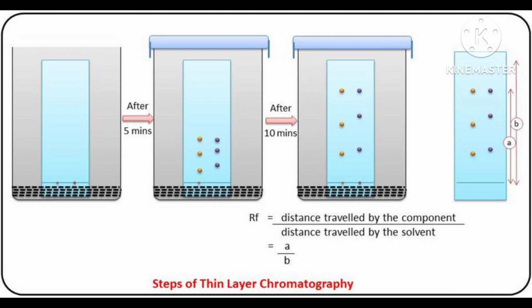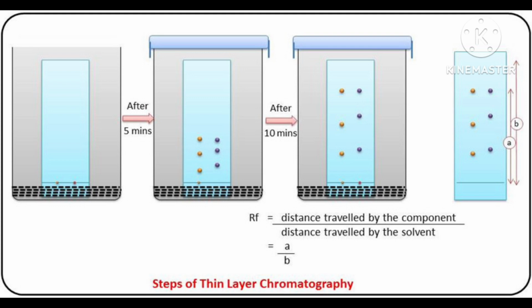Another detection technique is to place the plate in a covered jar containing a few crystals of iodine. In the jar you put some iodine, and in that jar you put the plate.